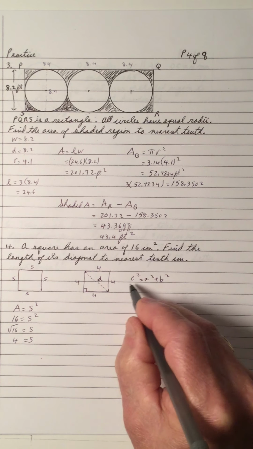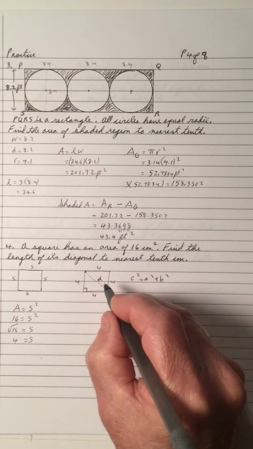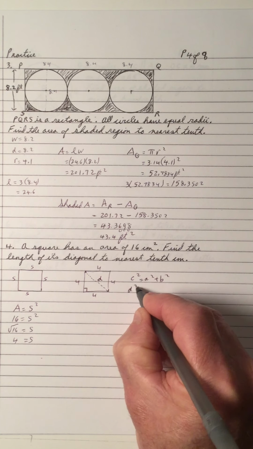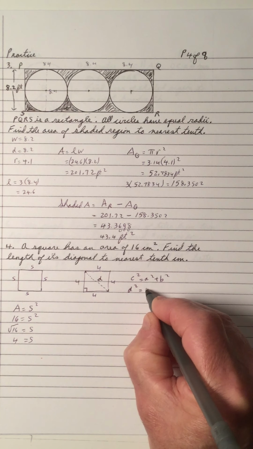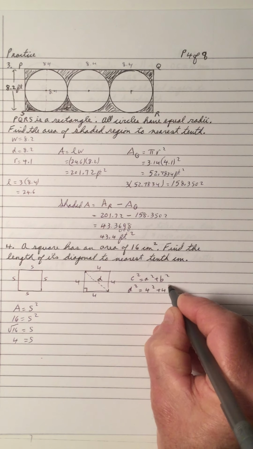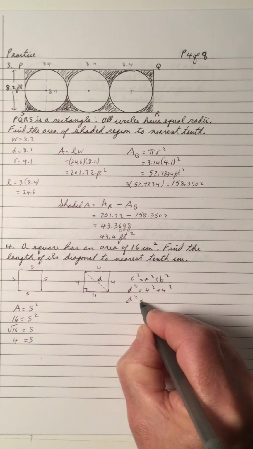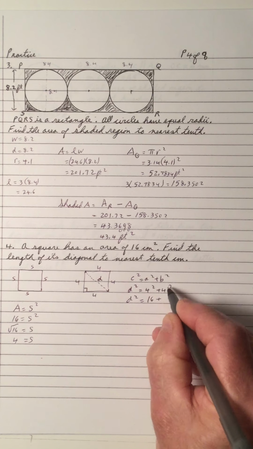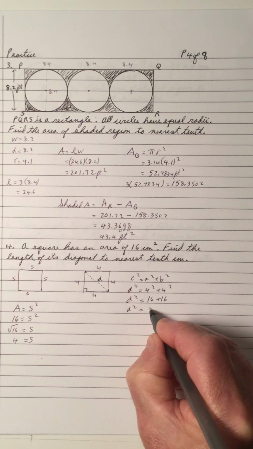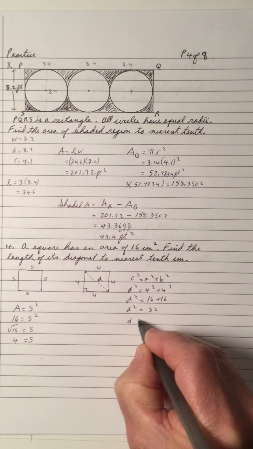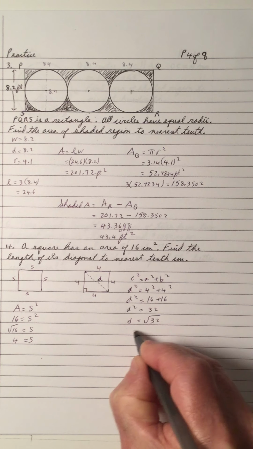And in this Pythagorean theorem, C is the hypotenuse opposite the right angle. So D is the C in this diagram, opposite the right angle. So A and B are 4 each. So D squared is 4 squared, 16, plus 4 squared, 16. D squared is 32. D is equal to the square root of 32.